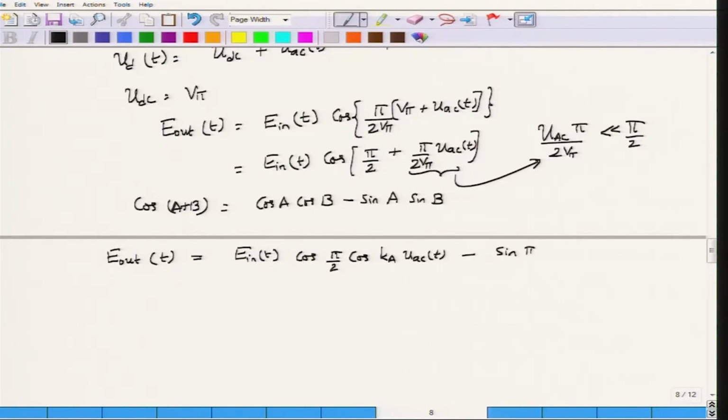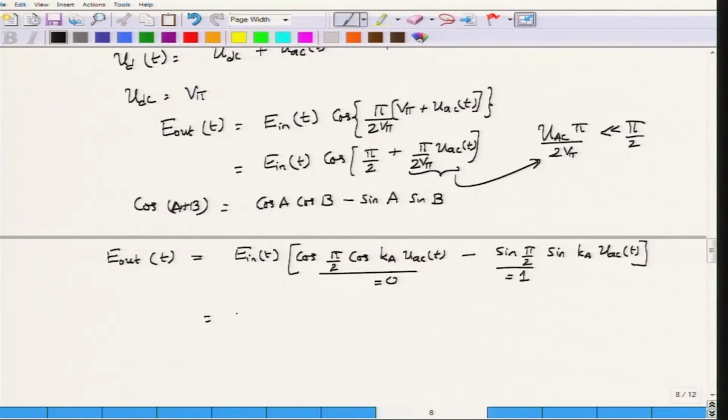E in of t is a common factor. Now, I know that cos pi by 2 is 0, so that entire term will be equal to 0. I know that sin pi by 2 is equal to 1.